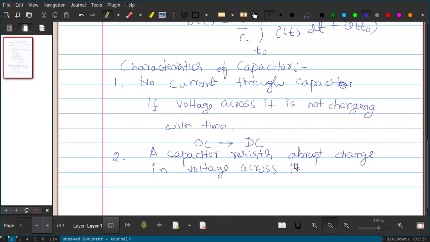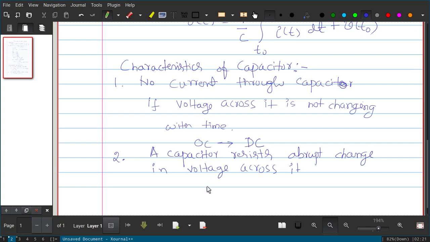If a capacitor has a voltage V0 at a particular instant of time, and you want to change that instantaneously, then you have to apply an infinitely large current, which is not possible.